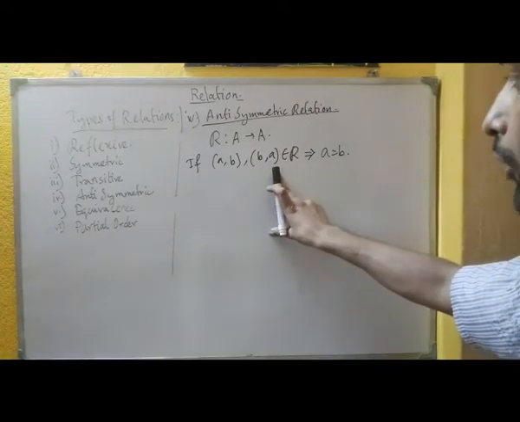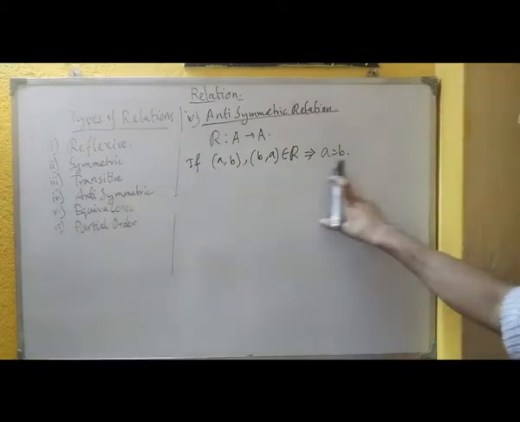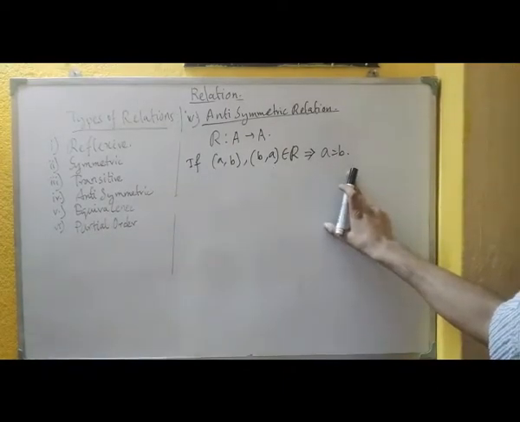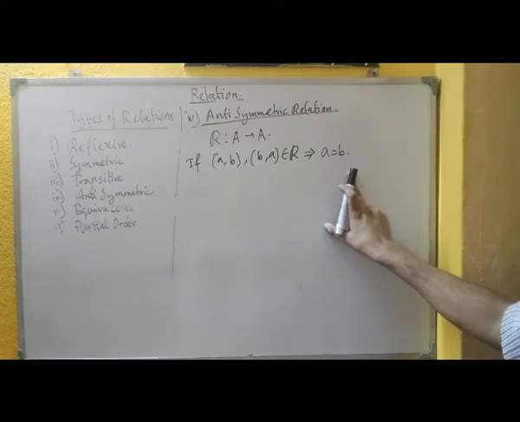So (A, B) and (B, A) belonging to R means it is symmetric, and this implies that A equals B. That means the relation R will be symmetric only for the elements with A equals B.